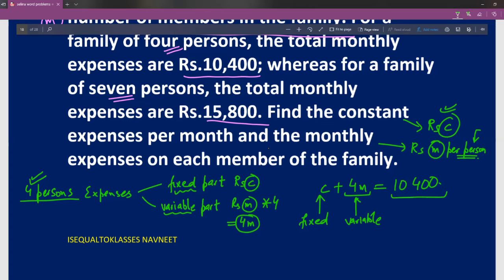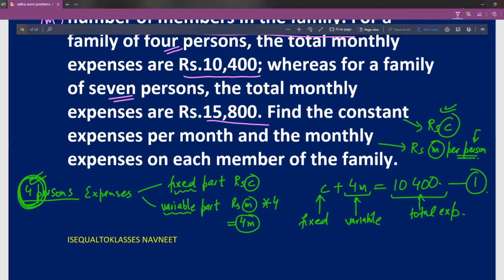This is the total expense, total expenditure. This equation is for a family which has 4 persons. Just remember this. Once we have the answer, I'll show you again how it works. So don't worry about it. Just keep watching.